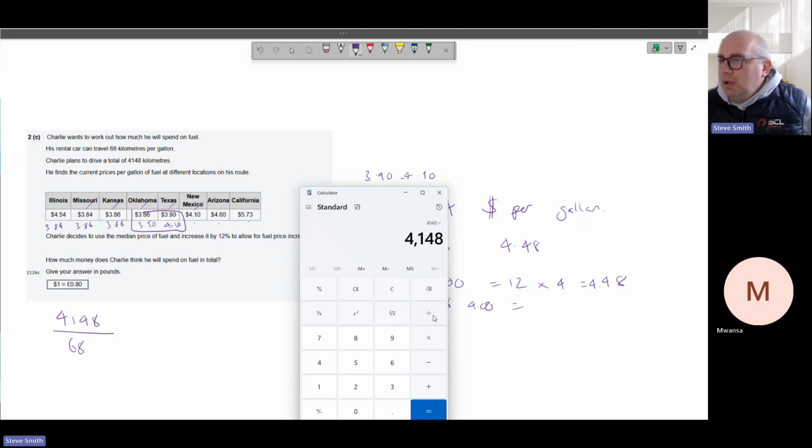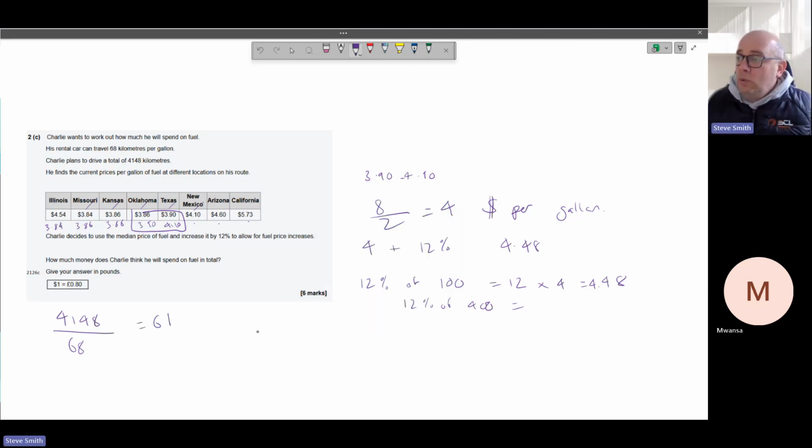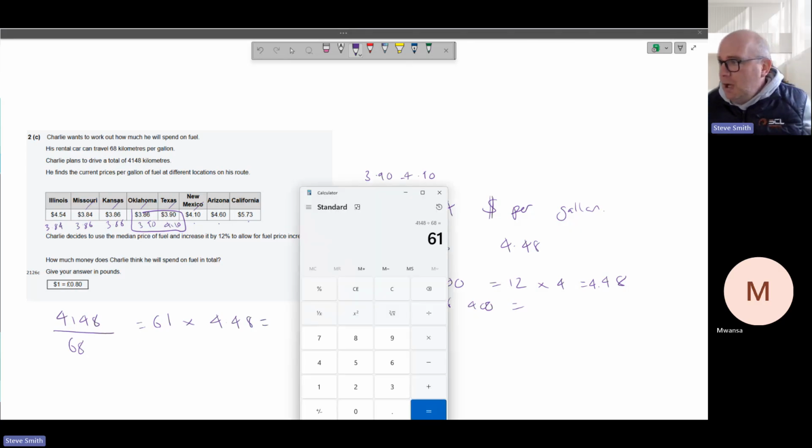We know we're going to need 61 gallons of fuel. And we've added on our 12% just in case. So that's times by our 4.48.